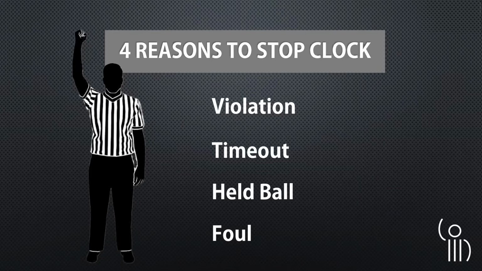Your partners need to know why you're blowing your whistle because they are the ones that are going to help move the game along while you're showing your signals or going to the table or whatever you may do to administer what you just called. Your partners know exactly what's going on. It's important for the coach and the players and the fans, but many of them probably don't even realize what you're doing, but your partners do. And it helps keep the game moving along.